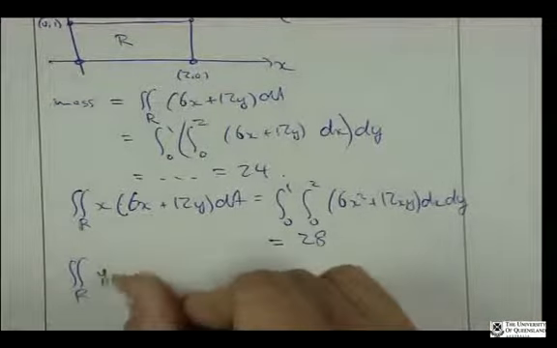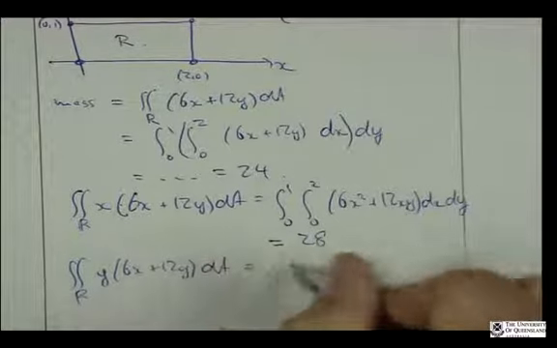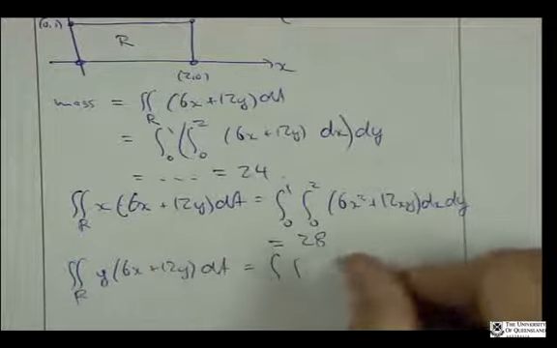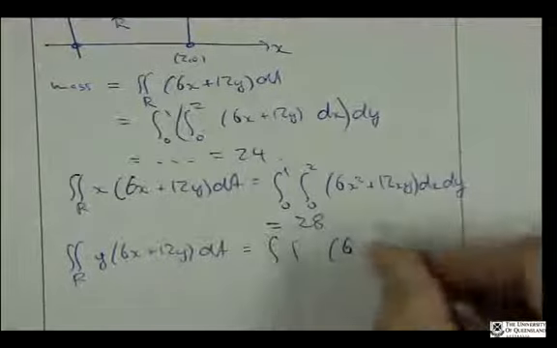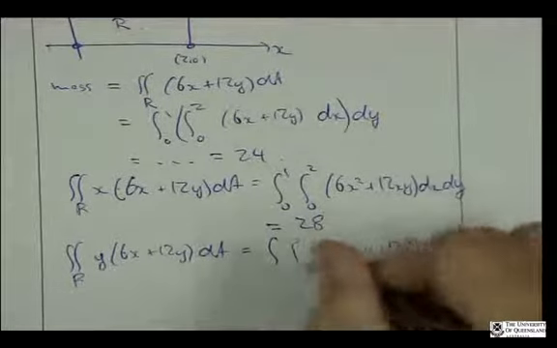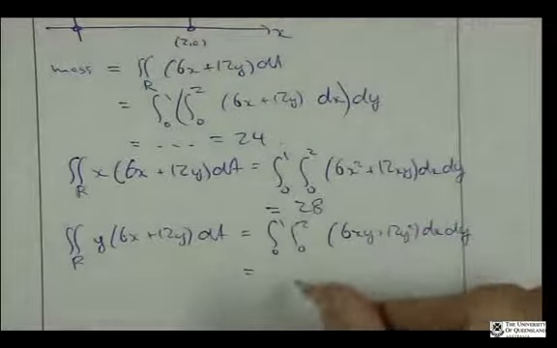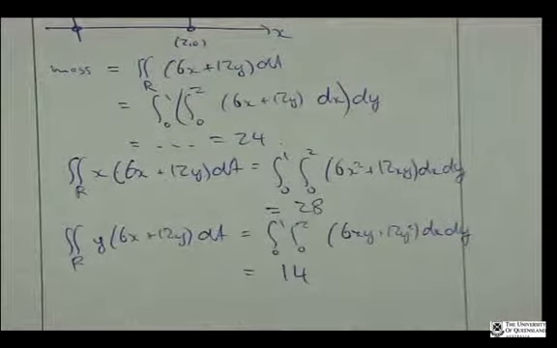And for y, we need y times the density function: 6xy plus 12y squared dx from 0 to 2, dy from 0 to 1, which evaluates to 14.